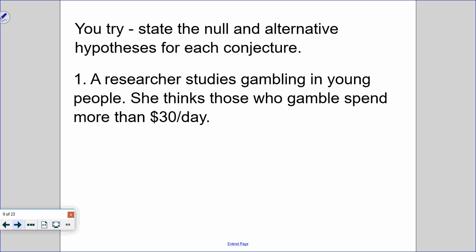You just write your 2 hypotheses on a whiteboard, and I'll hold them up.